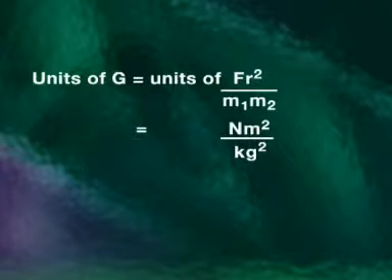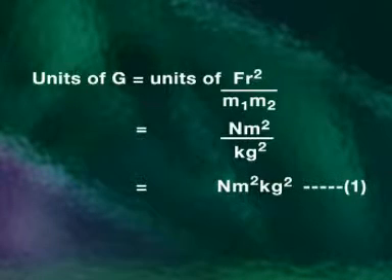This equals N M squared divided by kilogram squared. This equals N M squared per kilogram squared. Let's represent this equation with 1.